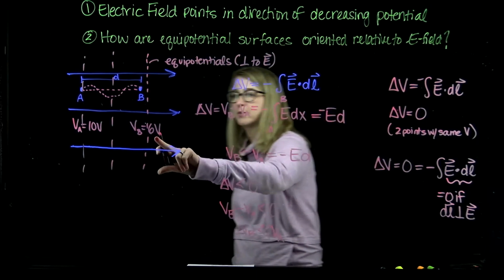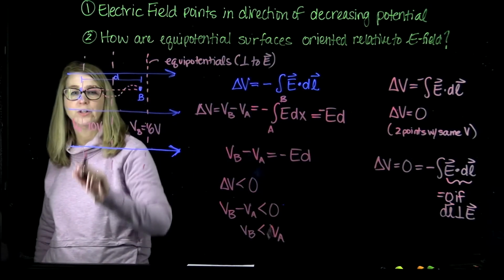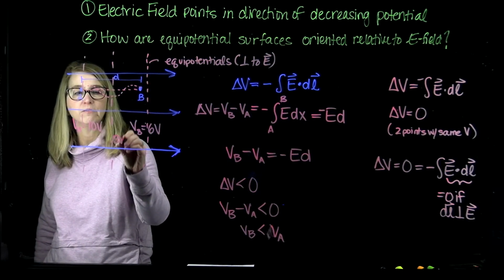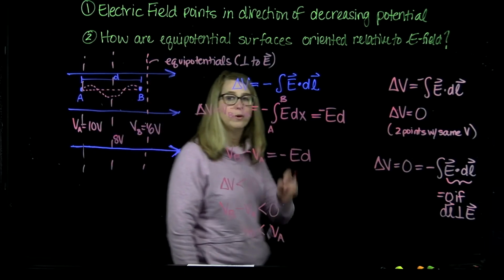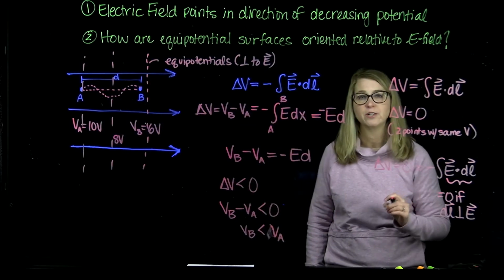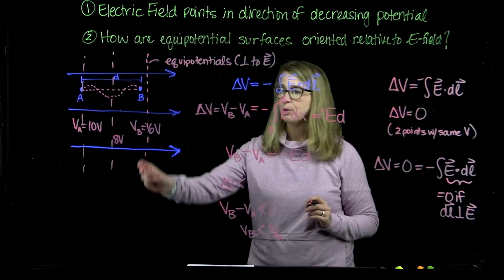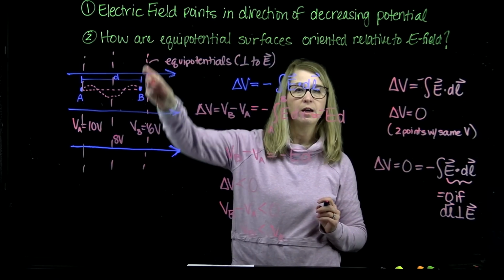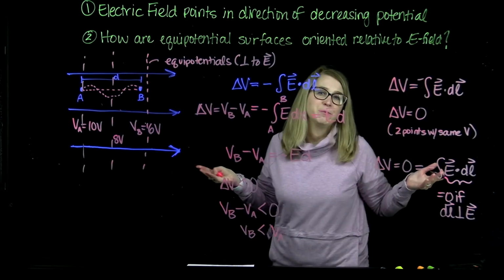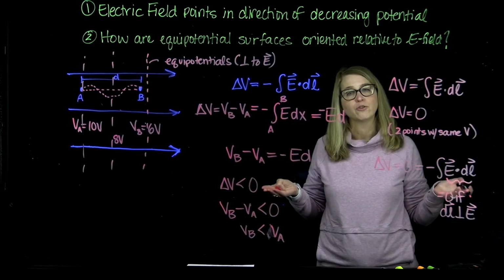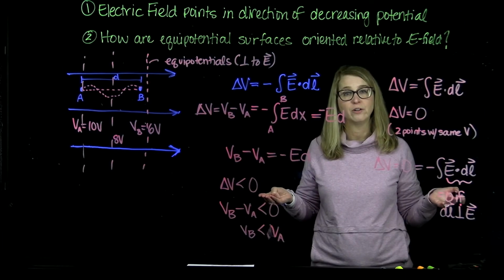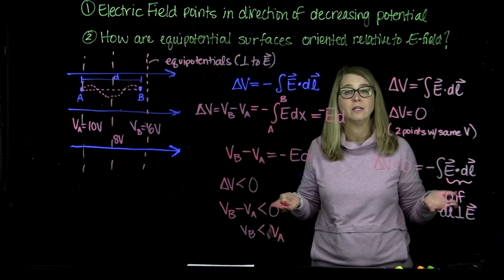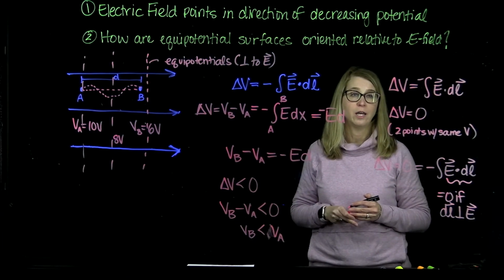We could say that this is the line of 6 volts, this is the line of 10 volts, this might be 8 volts. And it means that anywhere along those lines the potential is the same. It also would mean that if I moved anywhere in this vertical direction along this line, it would be easy because there would be no change in potential, therefore no change in potential energy. No work would be done in moving along that equipotential line.